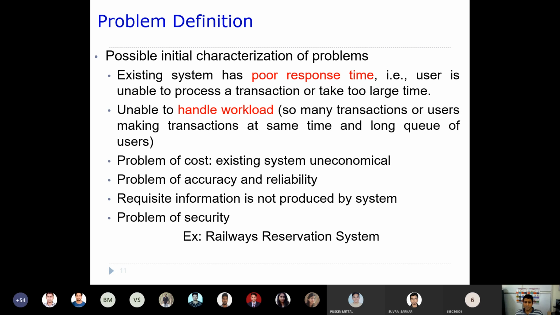If the existing system does not have better accuracy and reliability, then also you need to go through it. Another is that requisite information is not produced by the system. Whatever information we expect the system to provide is not being produced by it.